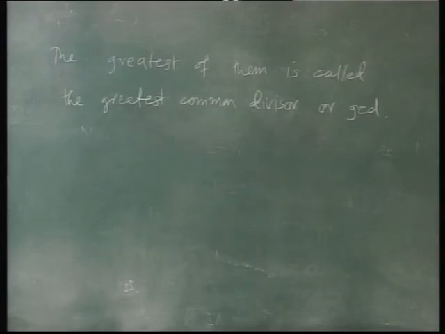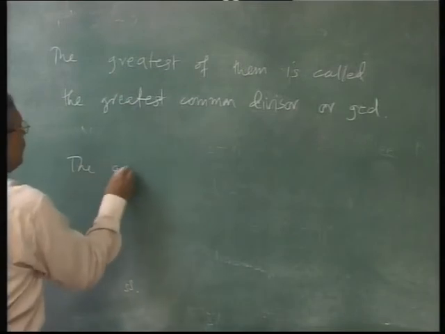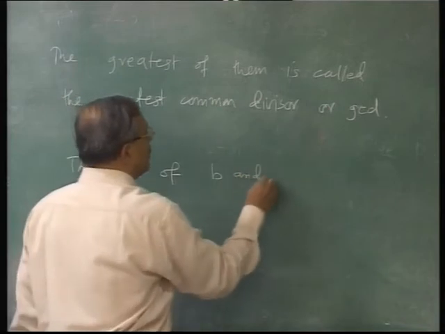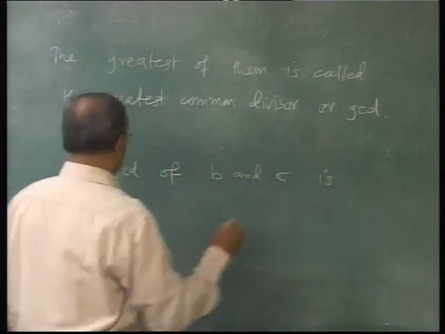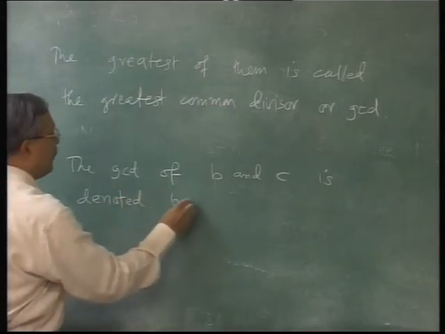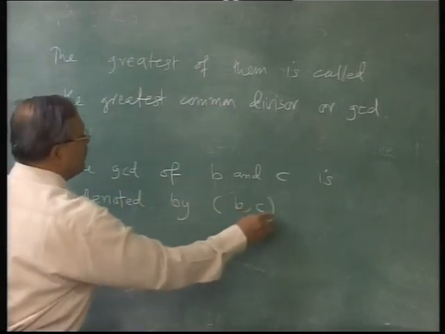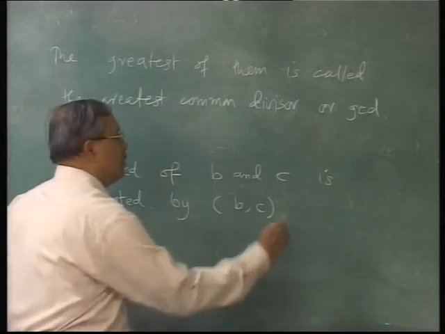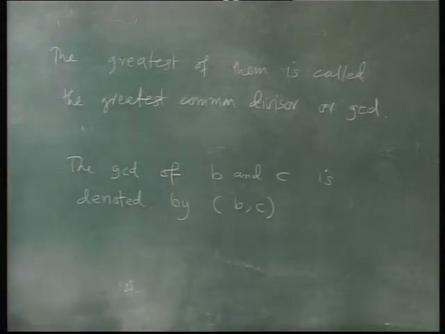So the GCD of B and C is denoted by (B, C). This is the notation which is very common in number theory for the GCD, greatest common divisor.